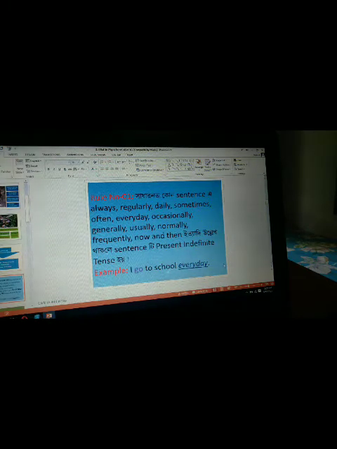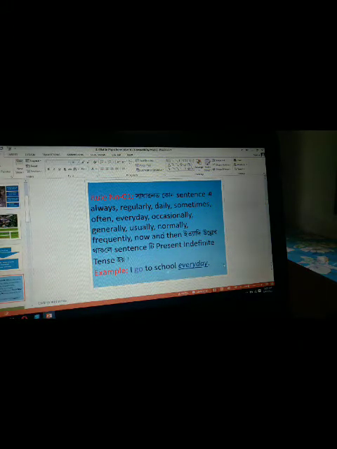Firstly, if the sentence is in present indefinite tense, we use the main form of verb after subject. And if there is always, regularly, daily, sometimes, often, every day, occasionally, generally, usually, normally, frequently, now and then, etc. in a sentence, it refers to that it's present indefinite tense.